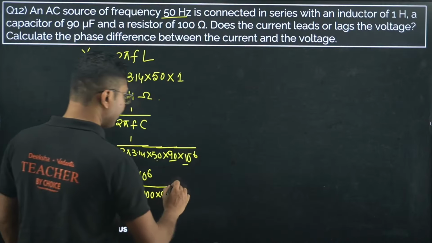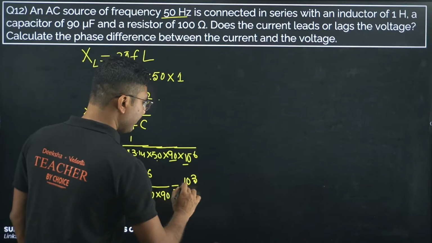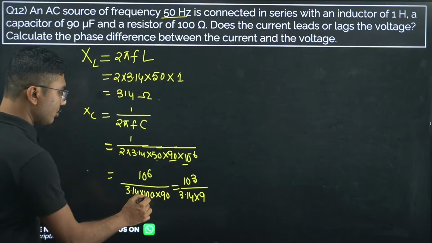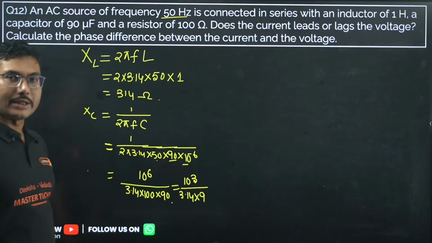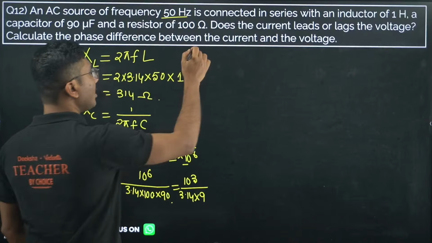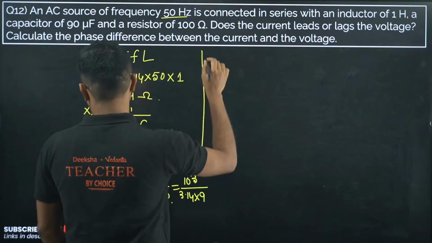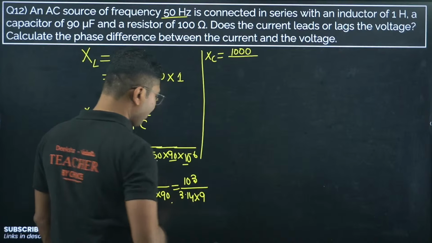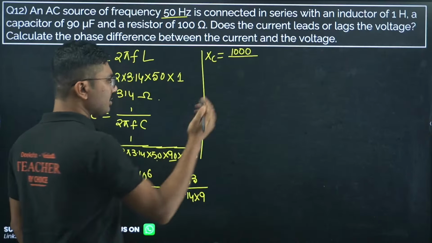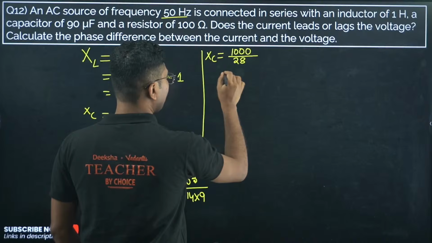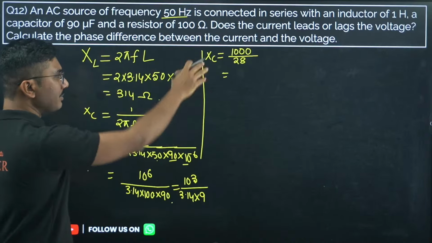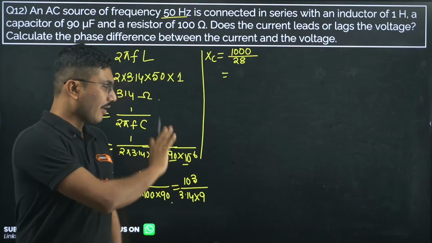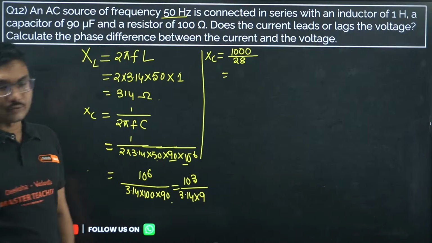You will get 10 to the power of 3 divided by 3.14 into 9. Okay, 1, 2, 3 zeros cancel, so it will be 10 to the power of 3. So basically what you got? You got approximately XC equals 1000 divided by approximately 28. I'm not sure, but this is still much more manageable than the value you were calculating at the earlier stage. So after some simplification, use the calculator to calculate XC.